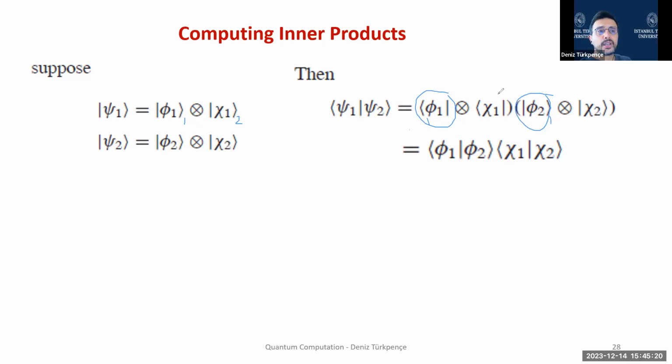And you should inner product T1 with T2, because this is a second order state and this is the second order. So this will be the inner product with phi1, and this is the inner product with chi1 and chi2. This is the way we can inner product multi-qubit states.